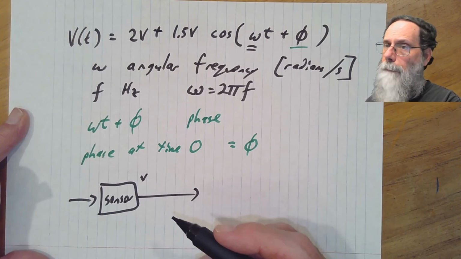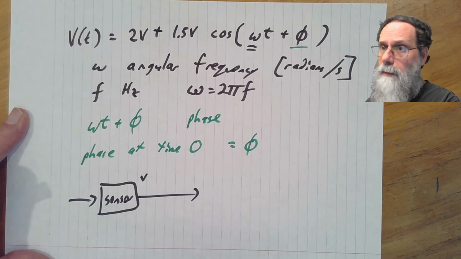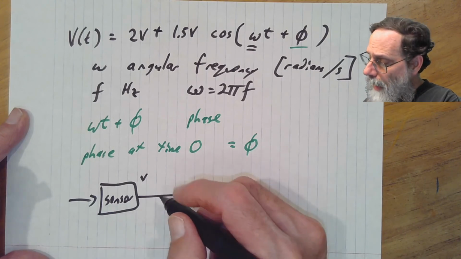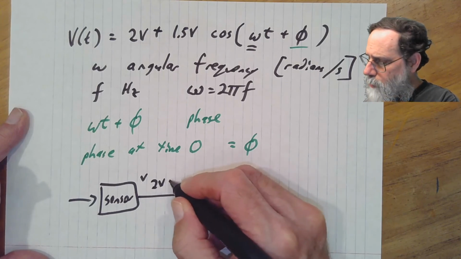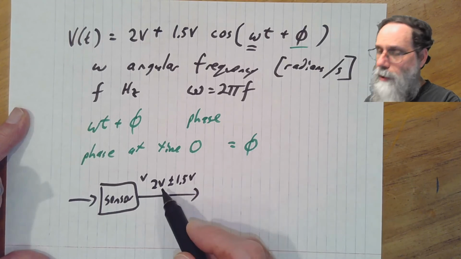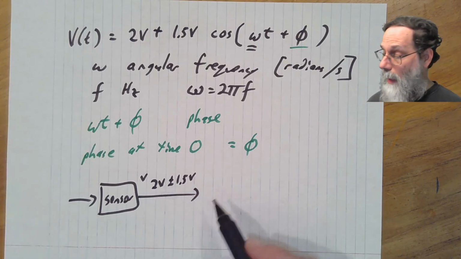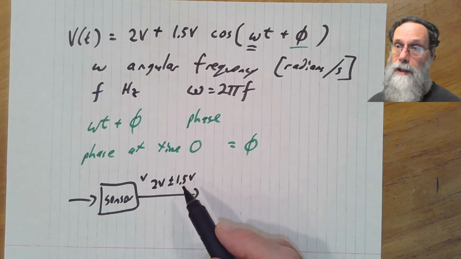What does it look like? And because sensors often have a DC bias on them, it's very useful to be able to say something like, I'm expecting to see a signal here that is 2 volts plus or minus 1.5 volts. Where the 2 volts here is talking about what's the DC bias, and the plus or minus 1.5 volts is giving me the amplitude of the signal I expect to see.